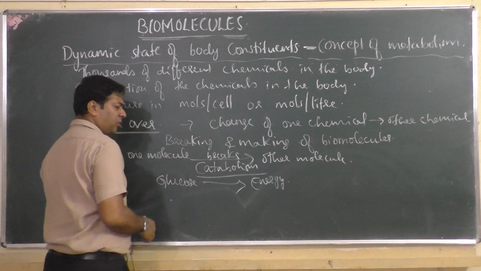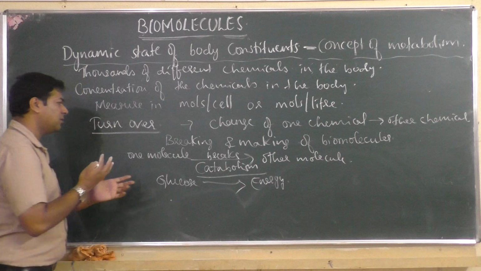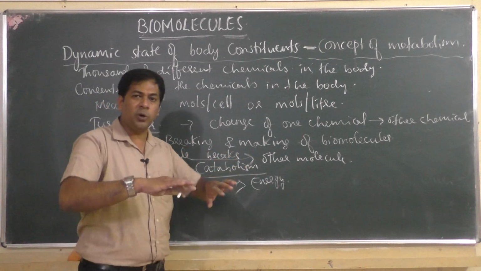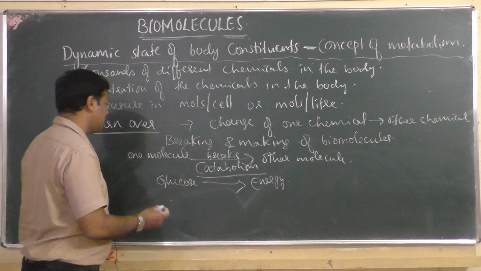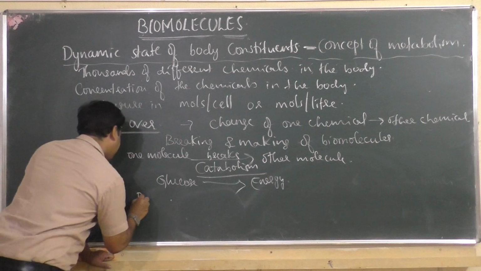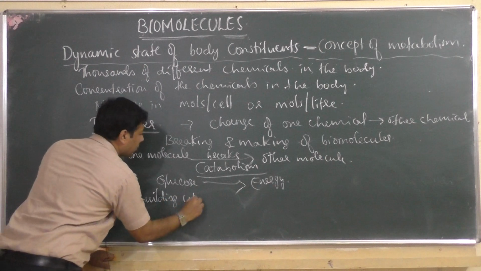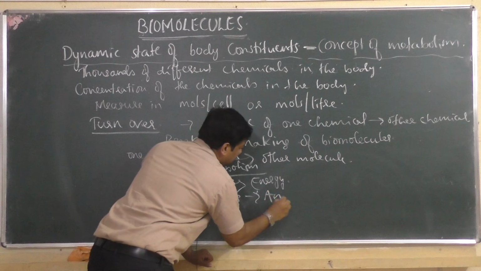So this is a breakdown process, because to produce energy glucose breaks. That is breakdown, that is catabolism. That is what we call breaking. Making means producing a new chemical, that is called the building up process, that is anabolism. Okay, it's anabolism. So the building up process is nothing but anabolism.